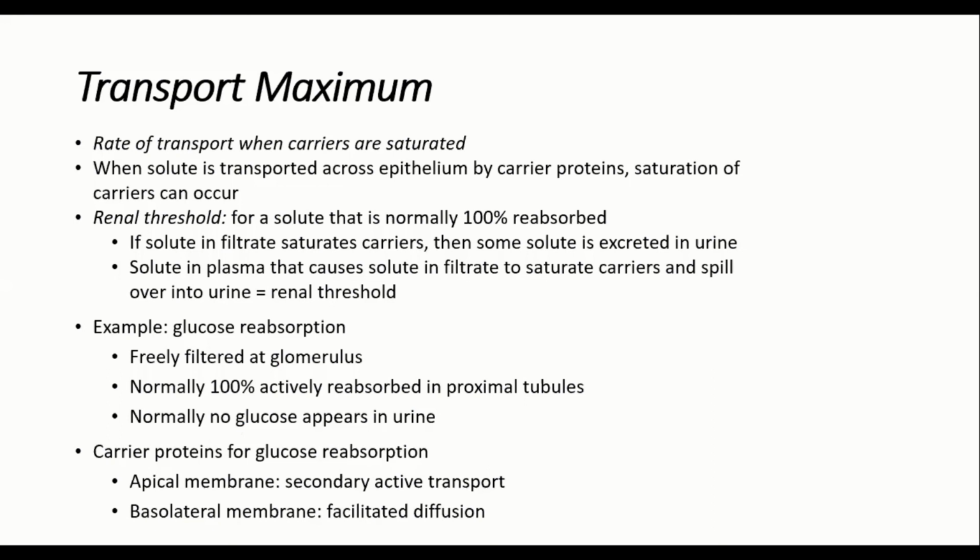And at this point, we're going to hit this threshold. And so some of the glucose would stay in the filtrate. And because it stays in the filtrate, it's then going to eventually show up in the urine when the urine gets excreted.